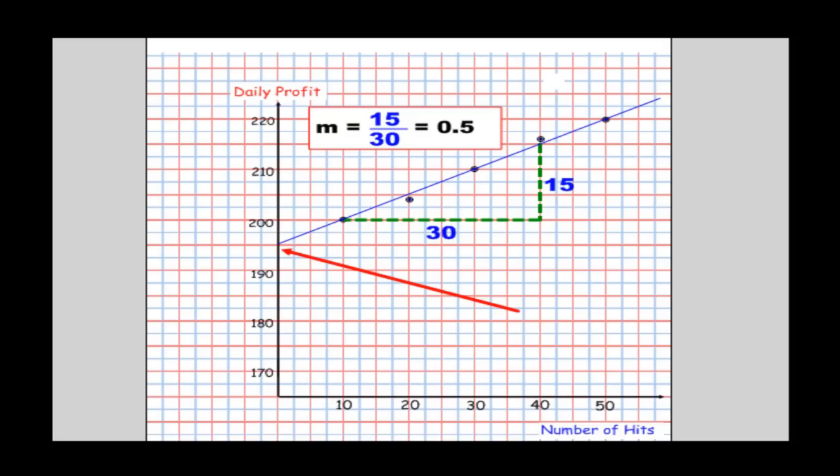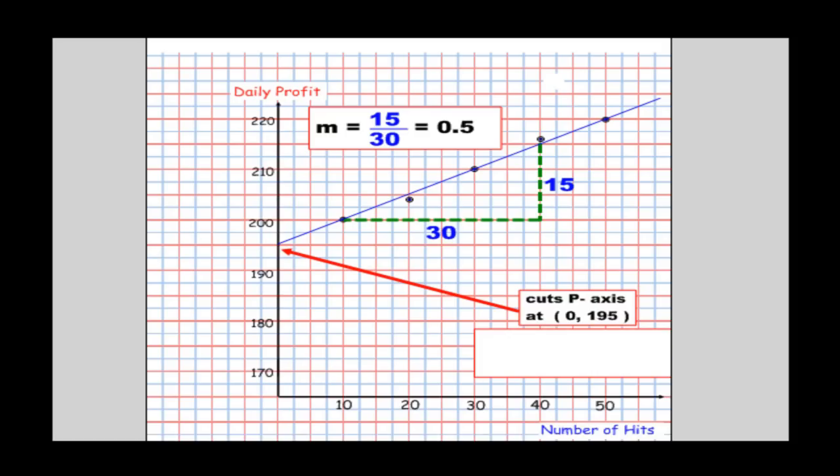In order to find the equation, we must first of all find where the line crosses the vertical axis, the daily profit axis. We see that this is at the point 0, 195. We can then work out the equation of the line. On the P-axis is the daily profit, and the cross-axis is the number of hits.